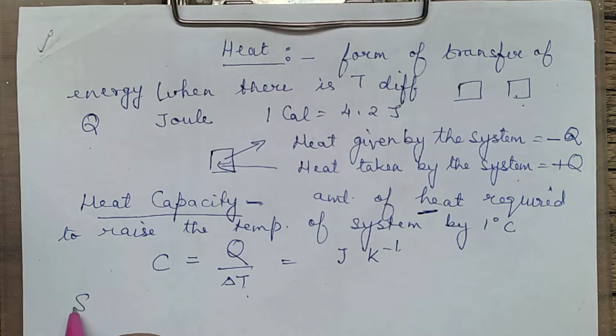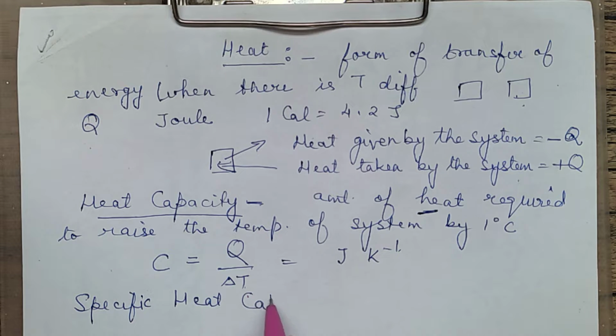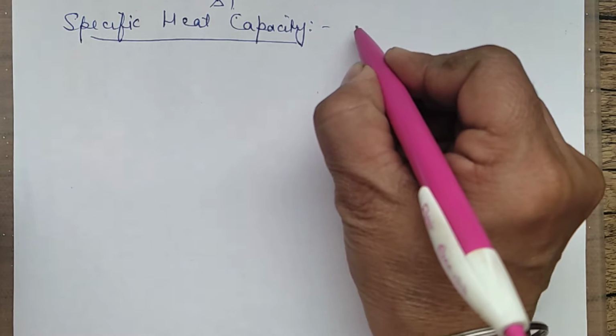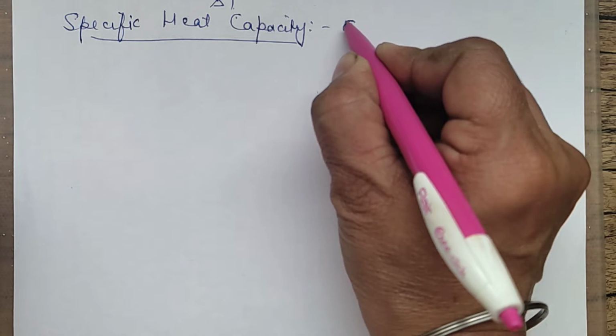Now we'll move on to the next term, that is specific heat capacity. Now what is this specific heat capacity? Symbol for this we can write down, small c I'm writing, small c.